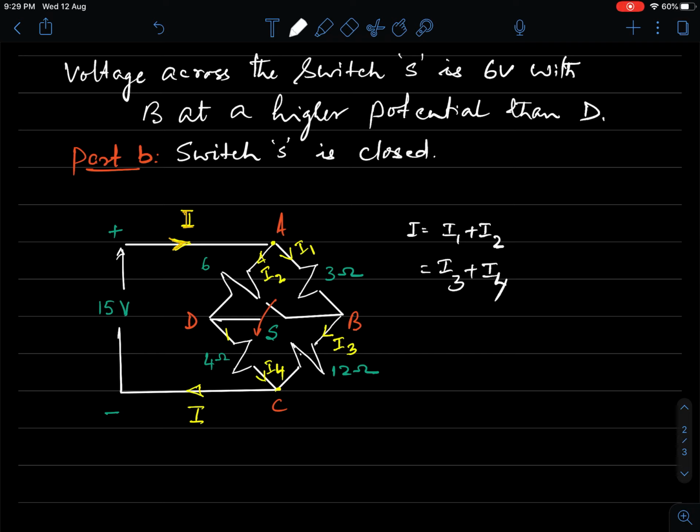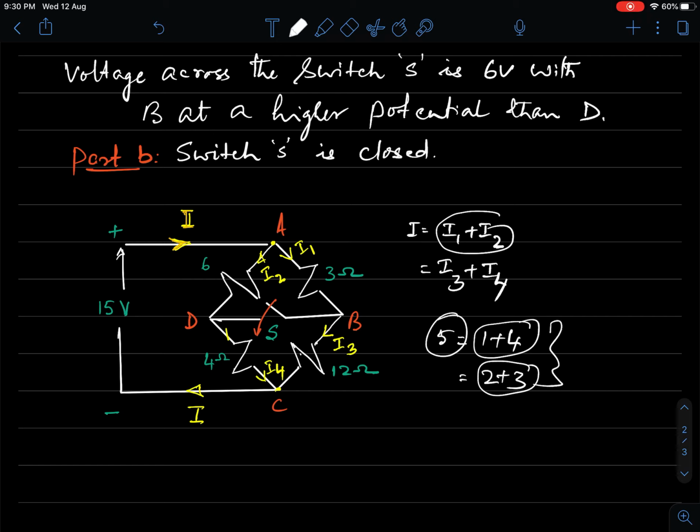It is something like 5 equal to 1 plus 4. 5 is also equal to 2 plus 3. I'm just giving an example. The two combinations result in the same final value of 5 amperes.